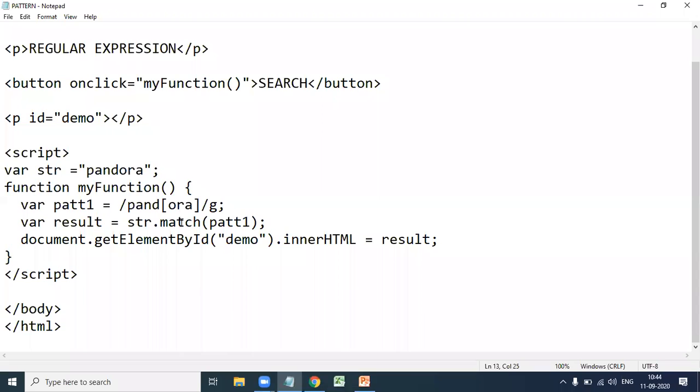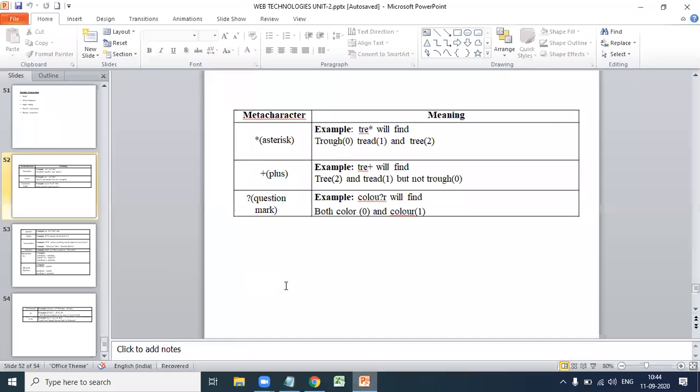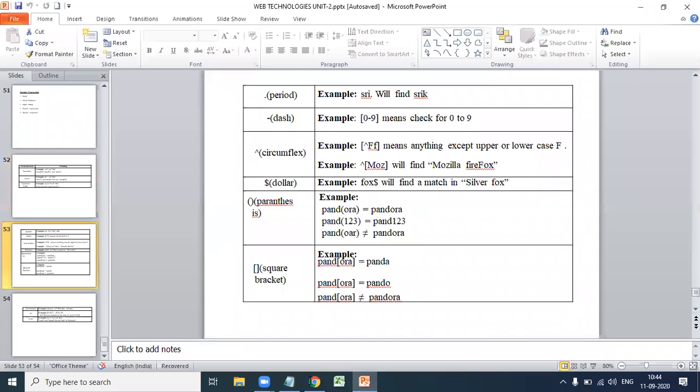Okay, it takes only one character, that is O, after D.